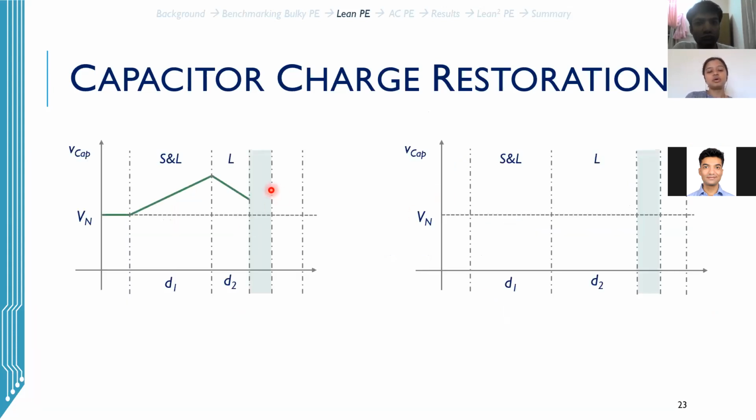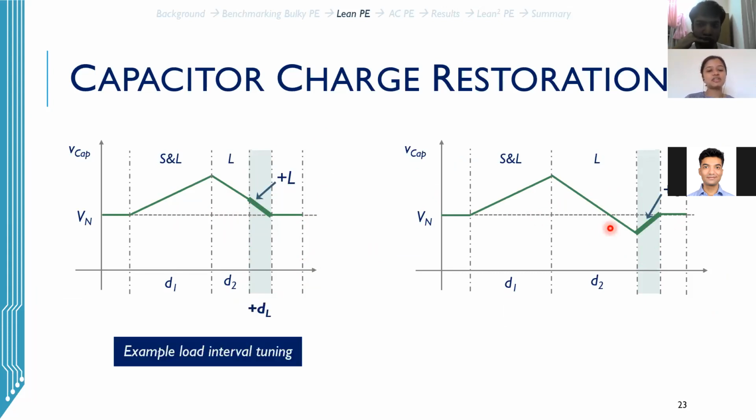Looking at the first situation, we have excess energy in the capacitor after the active intervals have ended. So we can introduce an extra load interval so as to remove the excess energy from the capacitor. On the other hand, we can map the similar analysis and say that if we have less energy in the capacitor, we could potentially introduce a source interval and charge the capacitor.